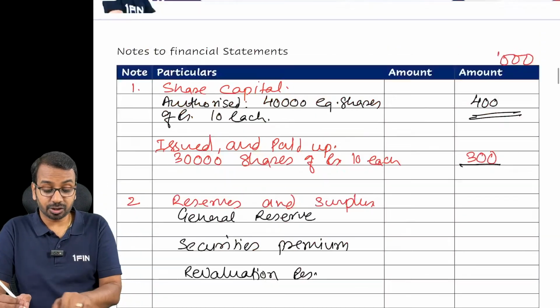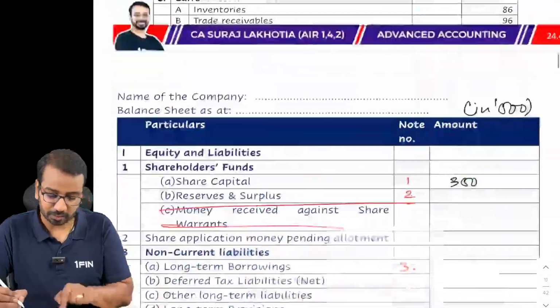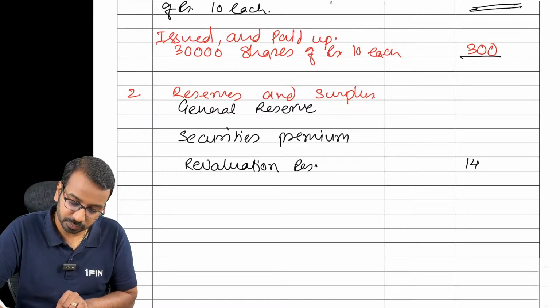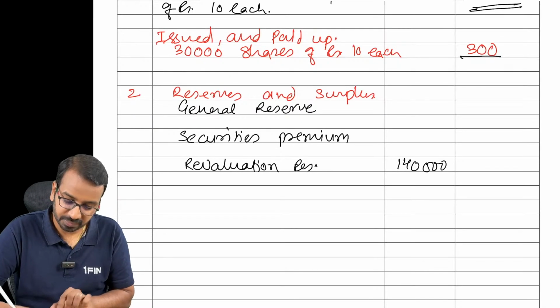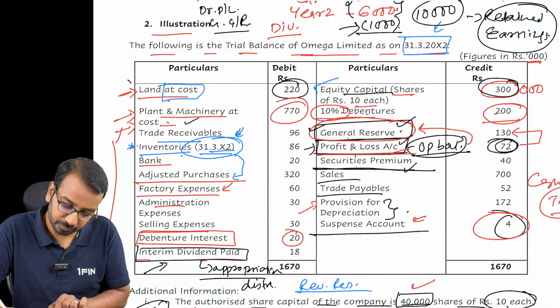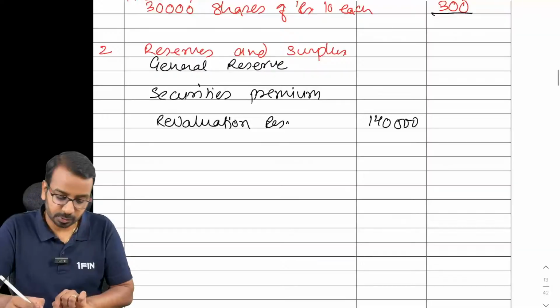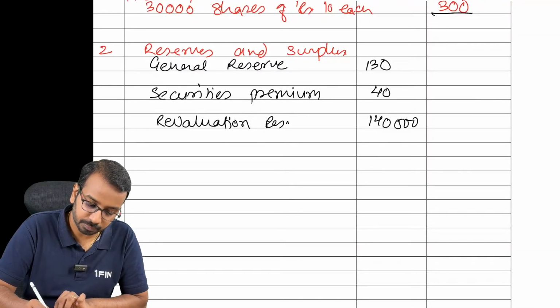There is a revaluation of land and we calculated that, right? How much is the revaluation? 1,40,000. So revaluation reserve, you will note down 1,40,000. Securities premium 40, general reserve 130.